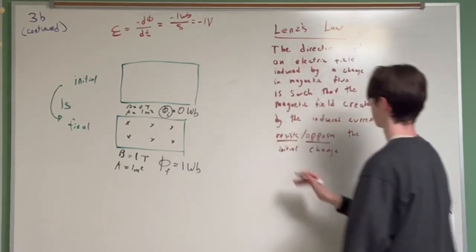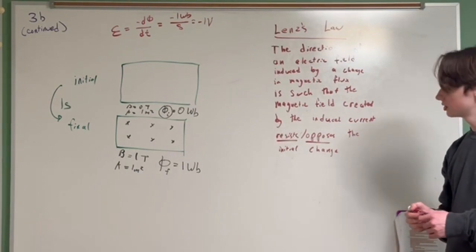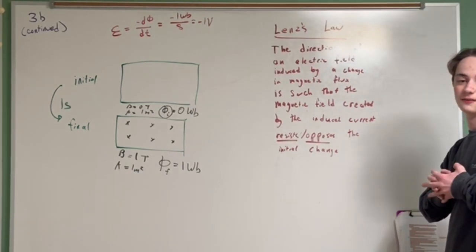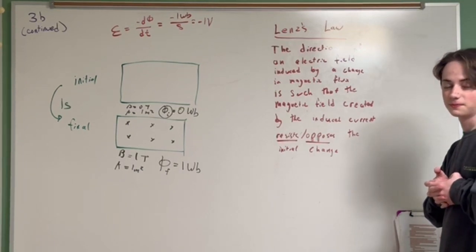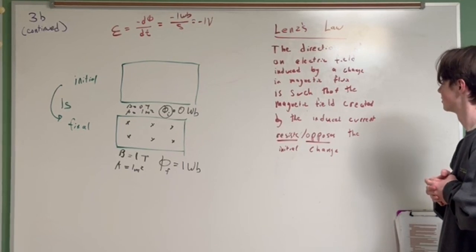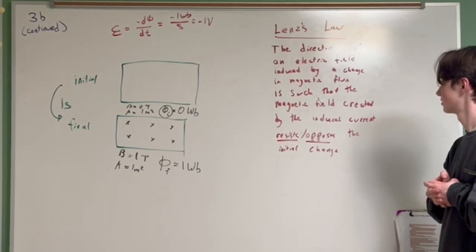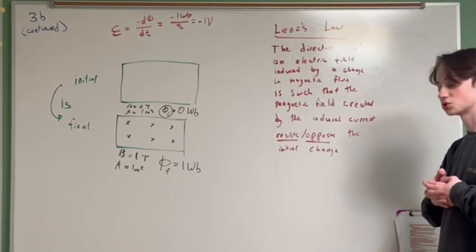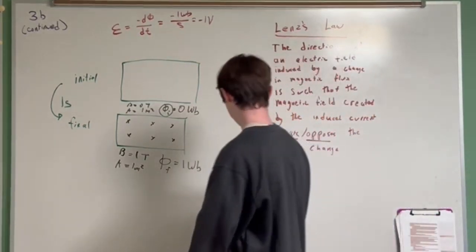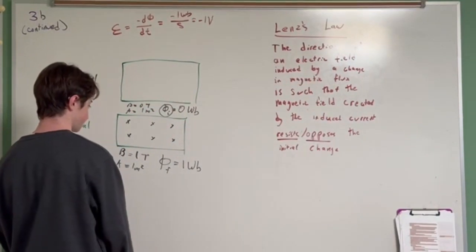All right, that's Lenz's law. This sounds ridiculous. It doesn't make any sense. Wait, the direction of an electric field induced by a change in magnetic flux is such that the magnetic field created by the induced current opposes the initial change. Yeah. What exactly?